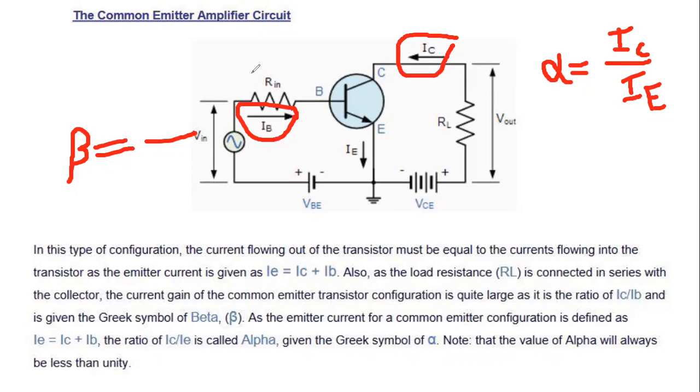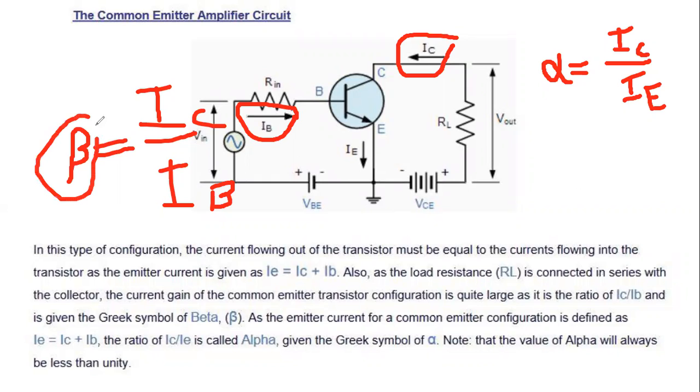So the output current is IC and the input current is IB. My students, if you remember, I said that IB is very small. IB is very small, so the value of beta is very big, because the IC value is very big and IB is very small. So this value varies from 50 to 400.